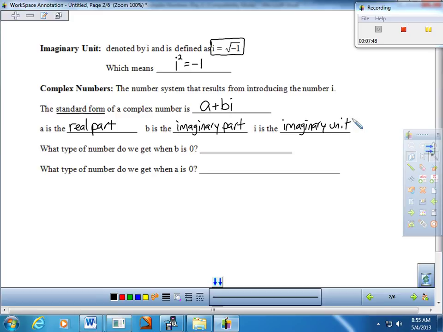And so just a couple quick questions based on this piece. What type of number do we get when b is 0? Well, when b is 0, obviously this just sort of goes away, and we're just left with this piece right here, which, of course, as we said, is just the real part. So we end up getting just a real number. Now, you would never think about it in these terms, or haven't thought about it in these terms. But if I gave you the number 3, officially as a complex number, it is really 3 + 0i.